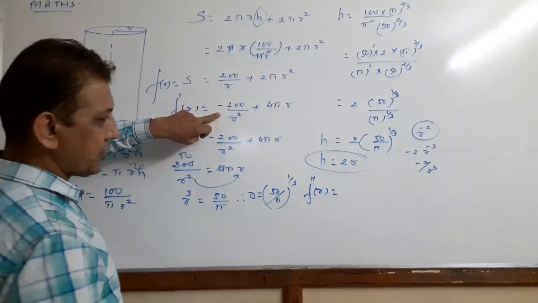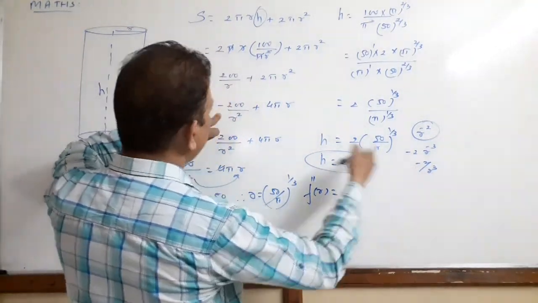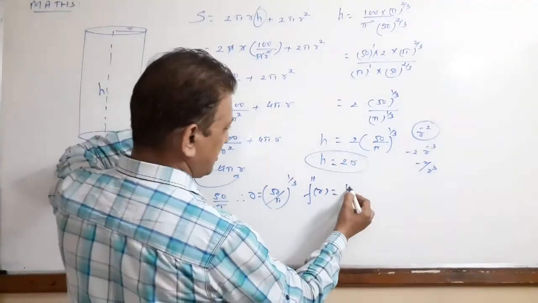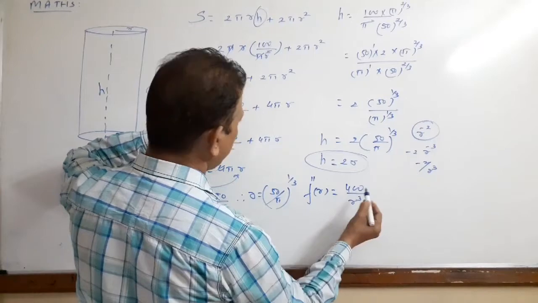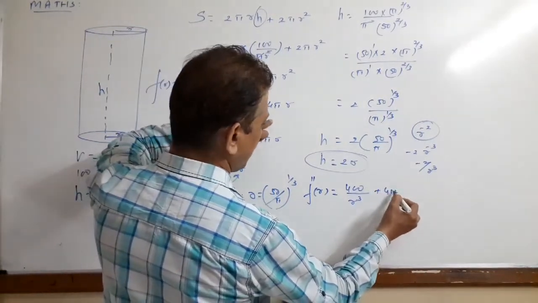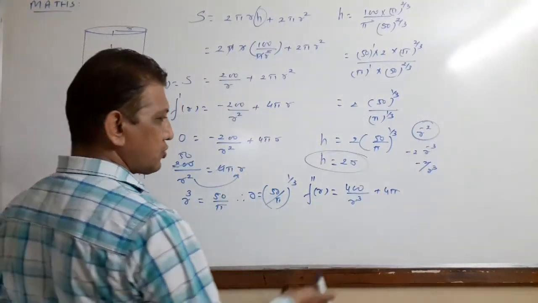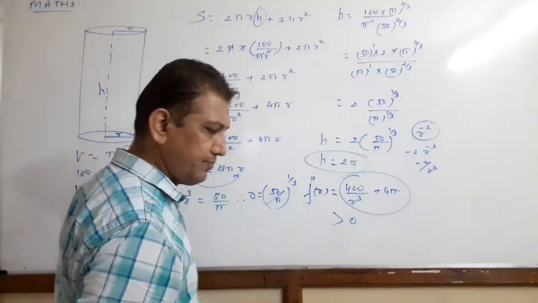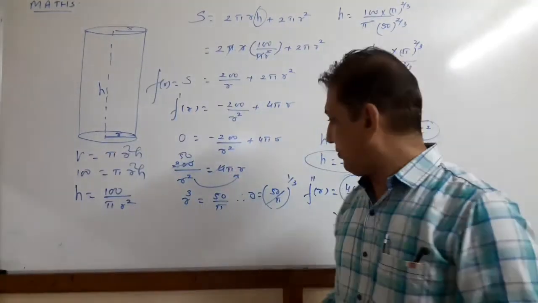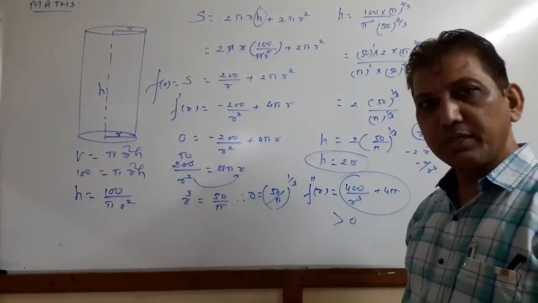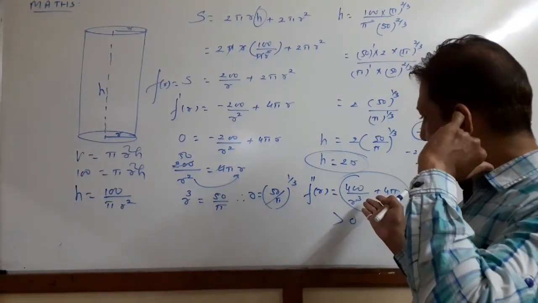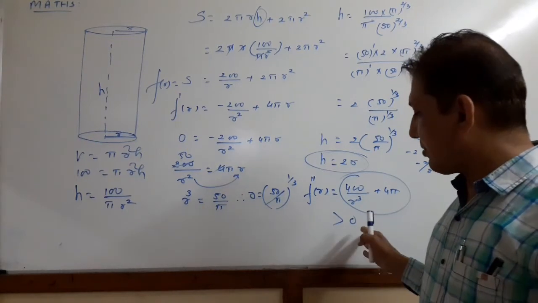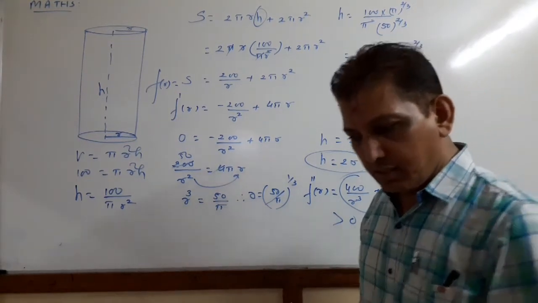Minus 200 as it is, so minus minus plus 400 upon r cube, and here the function 4 pi, derivative of r is 1. Radius is always positive, so the answer is greater than 0. F double dash r is not negative, it is positive. So we write the statement: local minimum value exists.